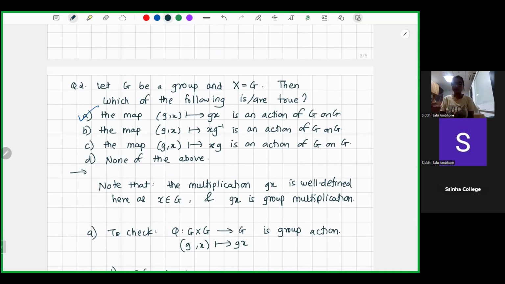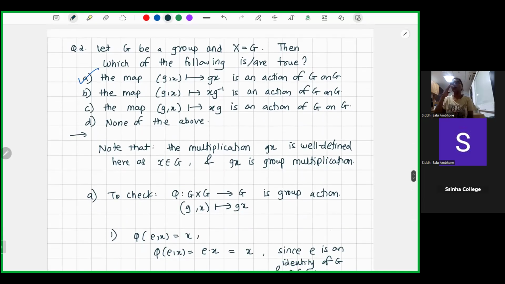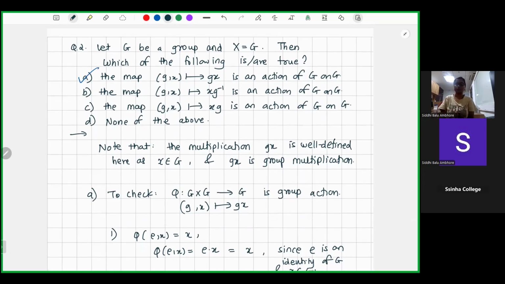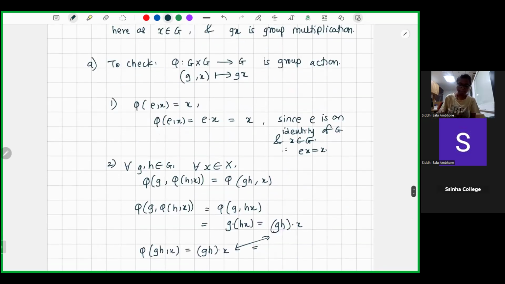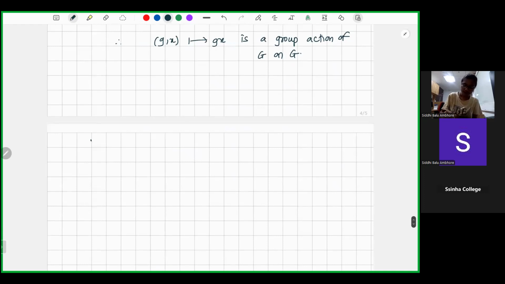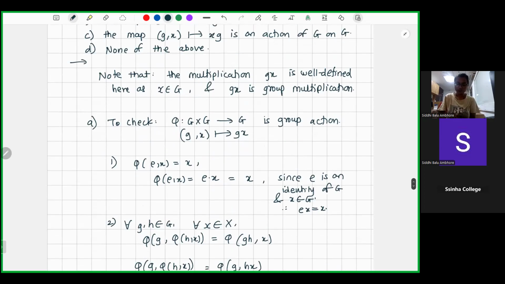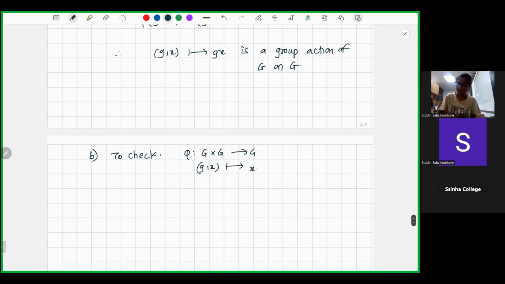Now we have to check for the second one, G comma X going to XG inverse. B part: to check whether phi, G cross G to G, such that G comma X going to XG inverse, is a group action.